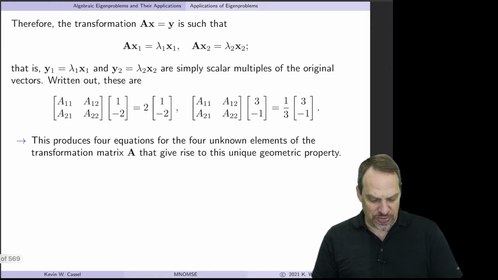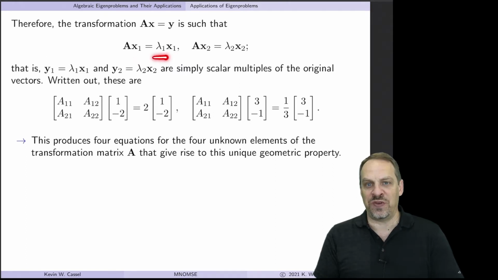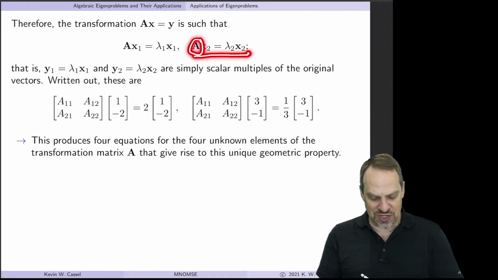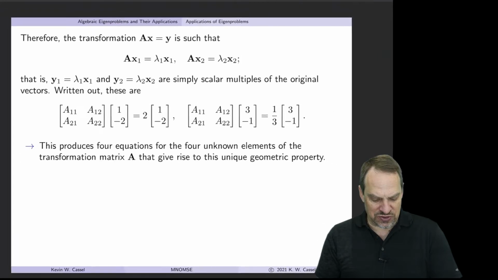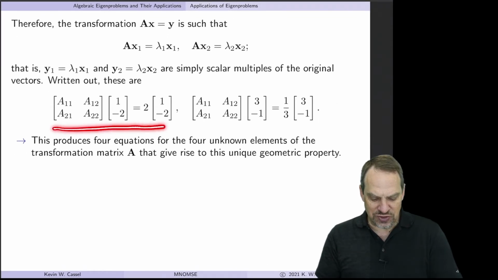of themselves. So mathematically, that means that x1, when pre-multiplied by the matrix A, which we don't know yet, will return the same vector x1, just scaled by a factor lambda 1. Same thing for x2. So x2 gets transformed to itself by the same matrix A, and it's just longer or shorter based on the value of lambda 2. So if we write that out, we have these 2x2 systems here.